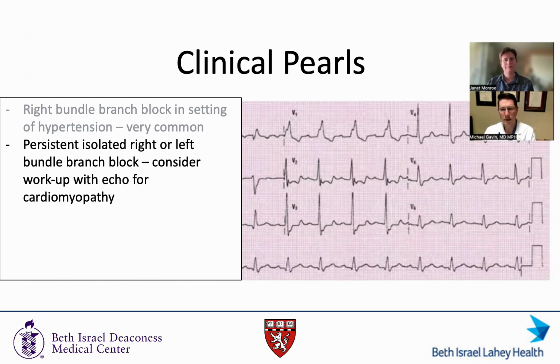So some judgment needs to be made as to when to order an echo, but an isolated right bundle with hypertension, no. Isolated left bundle with hypertension, probably still no. But an isolated abnormality in a totally normal host with no risk factors, I think at least it's worth a one-time investigation, because those are the things that are running through your head. But in the hospital setting, the idea of CAD or an infarction causing a bundle, they don't look like the bundles you're used to.